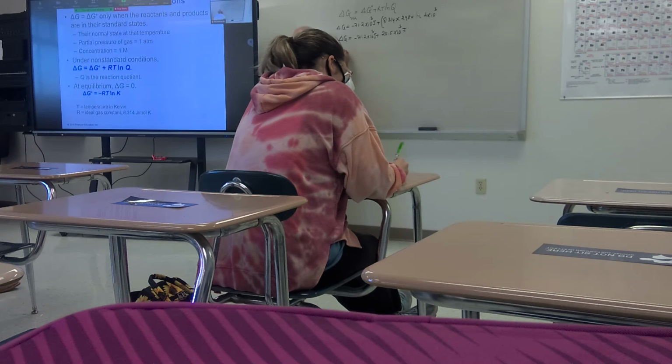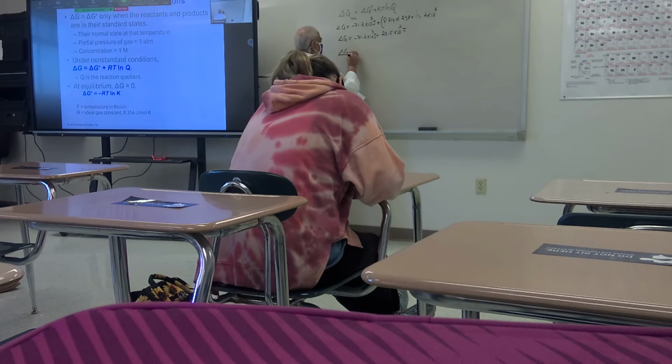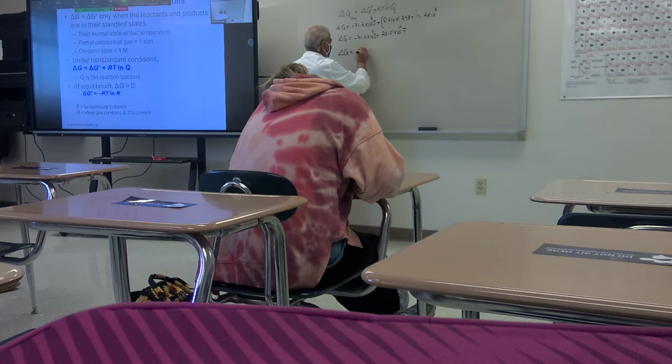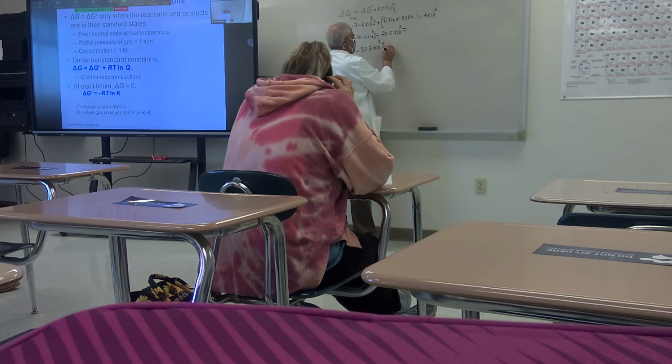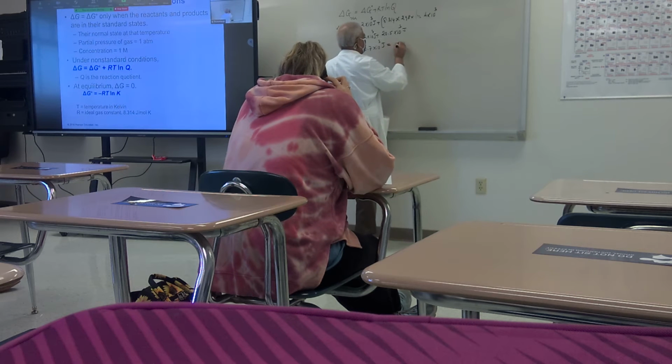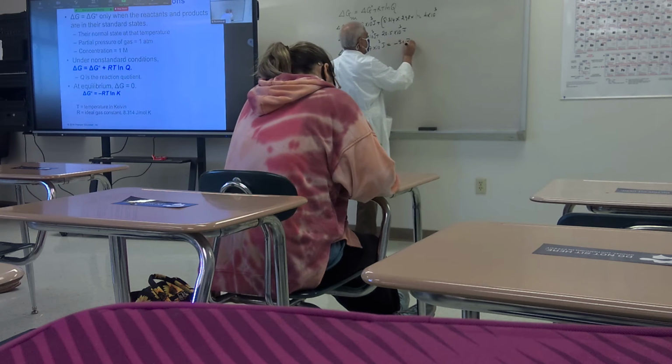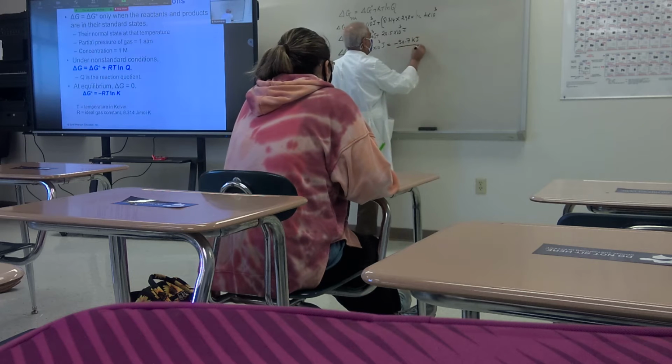And if you add these two, delta G is equal to negative 50.7 times 10 to the power of 3 joules. And if you convert it into kilojoules, minus 50.7 kilojoules per mole.